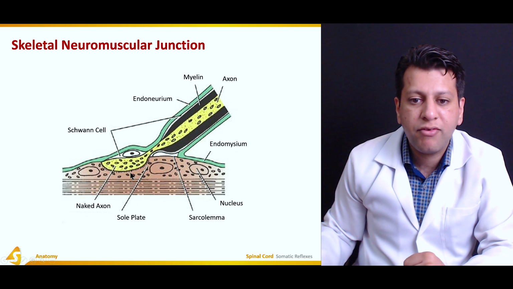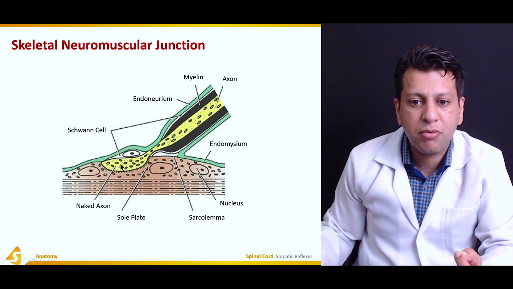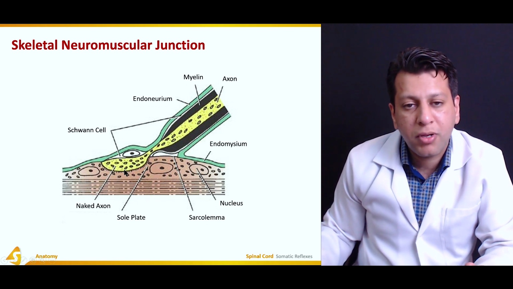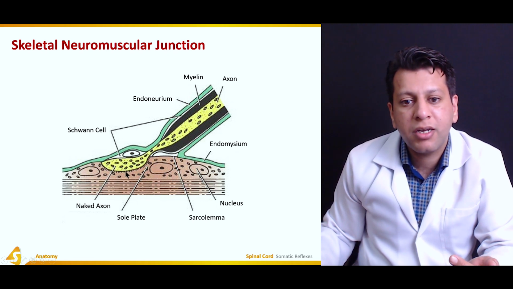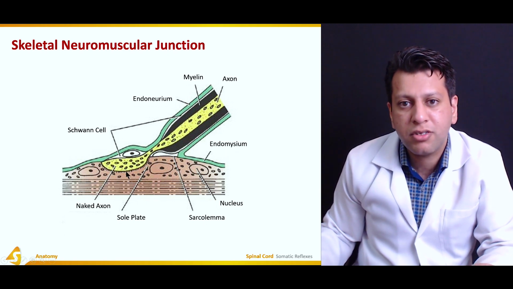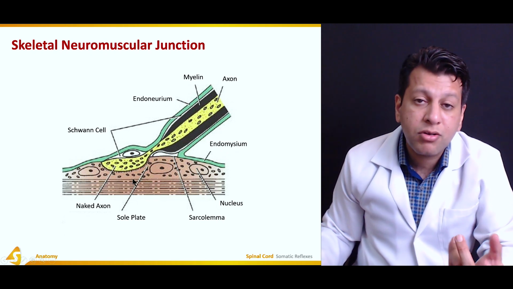There is a synaptic cleft over here in which all the electrical stimulation and nerve conduction which has come to this point. From here the transduction occurs, that is the electrical stimulus is converted into a chemical one, and then again transduction occurs, that is the chemical stimulus is converted into a mechanical one, which results in the contraction of the muscle.